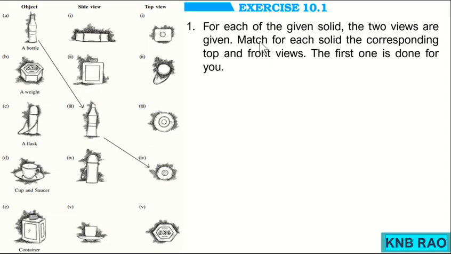One is the side view, another is the top view, and you have to match the corresponding top and front views for each solid. The first one is done for your help, that is for a bottle. A bottle's side view and top view is given. So you need to match for the rest of the things. Pause the screen and do it. This is homework number 1.